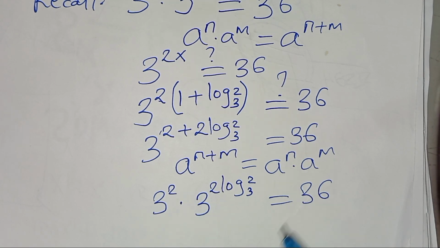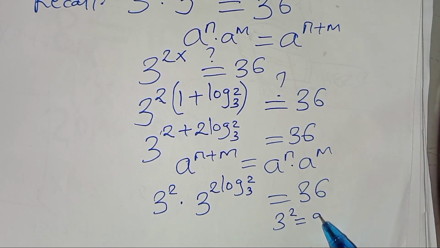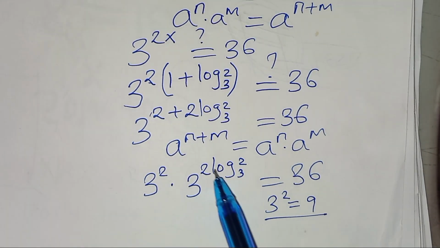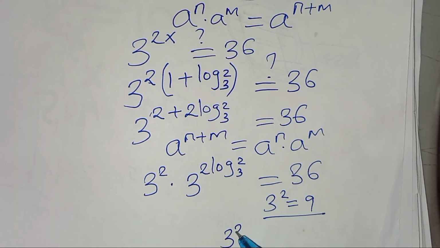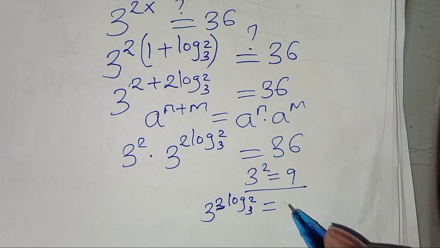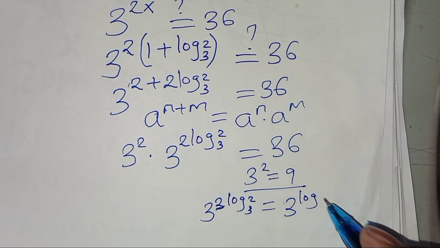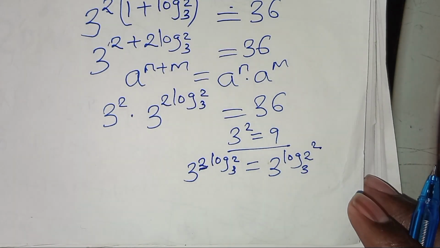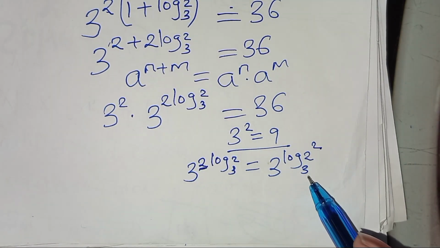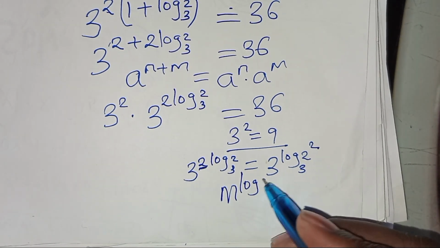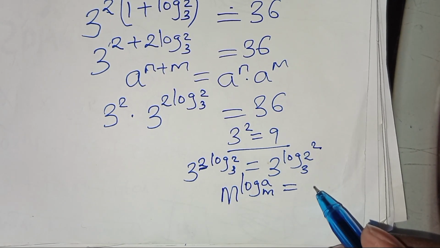Now, 3 to the power of 2 is basically equal to 9, okay? And then we have 3 to the power of 2 log 2 to base 3. Actually, 2 is the power, so we can express this as 3 to the power of log 2 squared to base 3. Now, 3 to the power of log 2 squared to base 3 is in the form of m raised to the power log a to base m, which is actually equal to a.